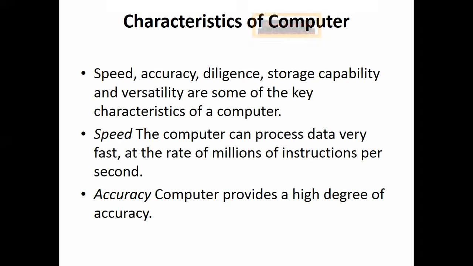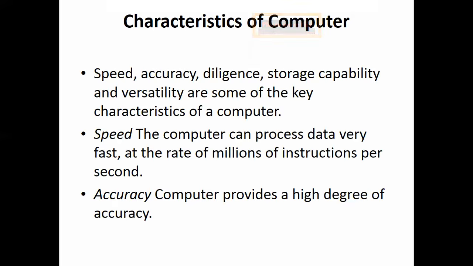The characteristics are: one, their speed; two, their accuracy; three, diligence; four, storage capability; and they are versatile. These are key characteristics of the computer, which have made them very attractive.